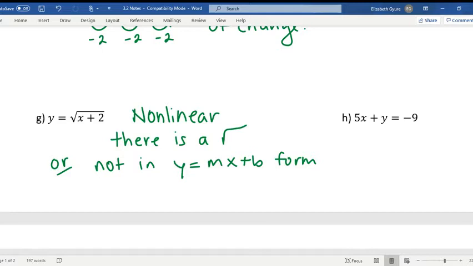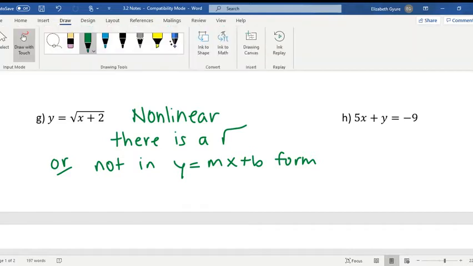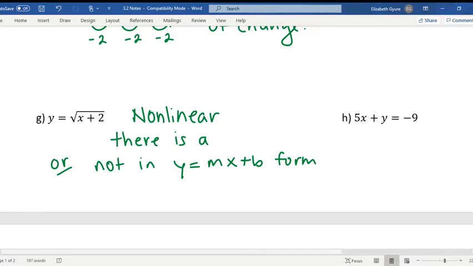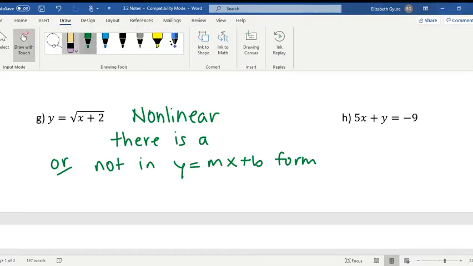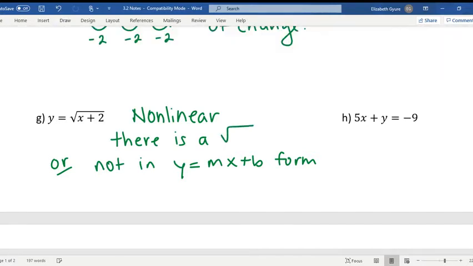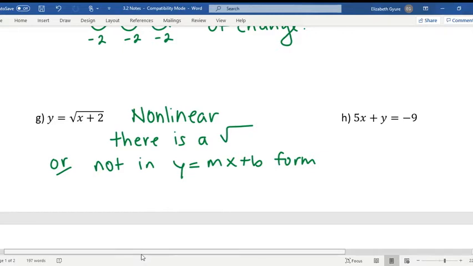Either one is fine. So you could say nonlinear because there is a square root, or you could say that it's not in y equals mx plus b form, whichever you like better. All right, let's go to part H.